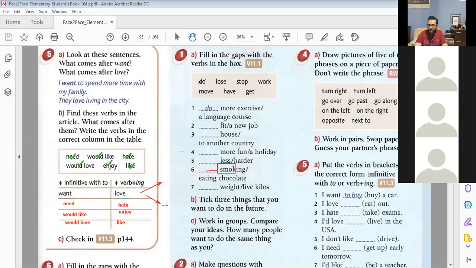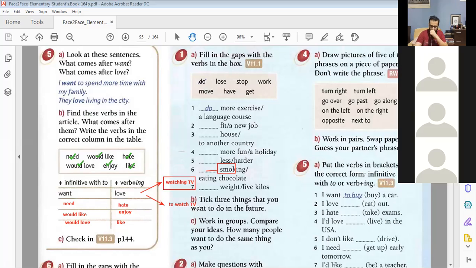Love and like are considered verbs where both work. So you can say I love watching TV, and you can also say I love to watch TV, right? Both are accepted. In British English they use the ing form more, like I like watching TV, I like doing exercise, I like drinking tea.